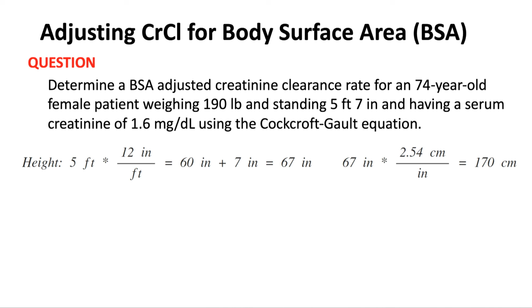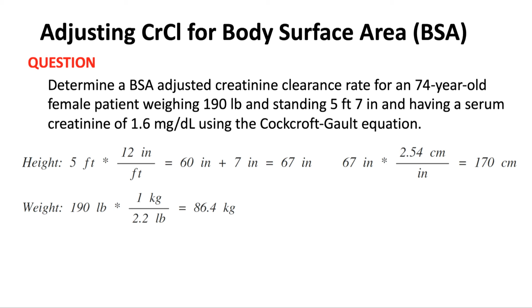I'm going to do this quickly since we have done this before. This patient is 5 feet 7 inches, so 5 feet times 12 inches per foot gives us 60 inches, plus the additional 7 inches gives us 67 inches. 67 inches times 2.54 centimeters per inch gives us 170 centimeters.